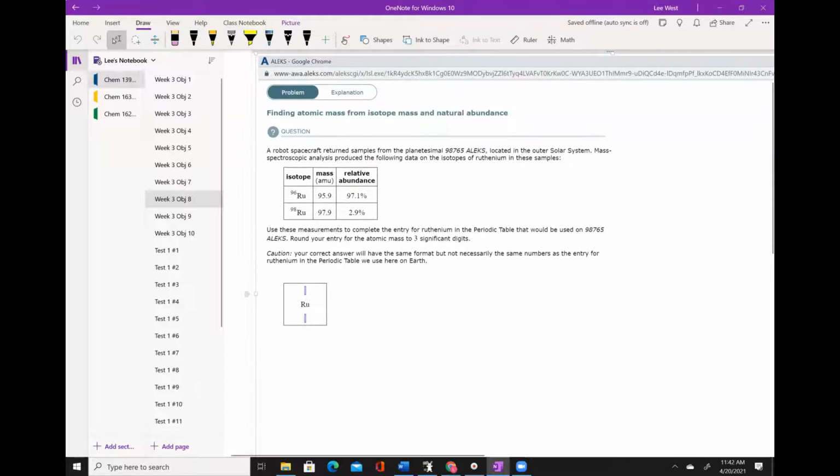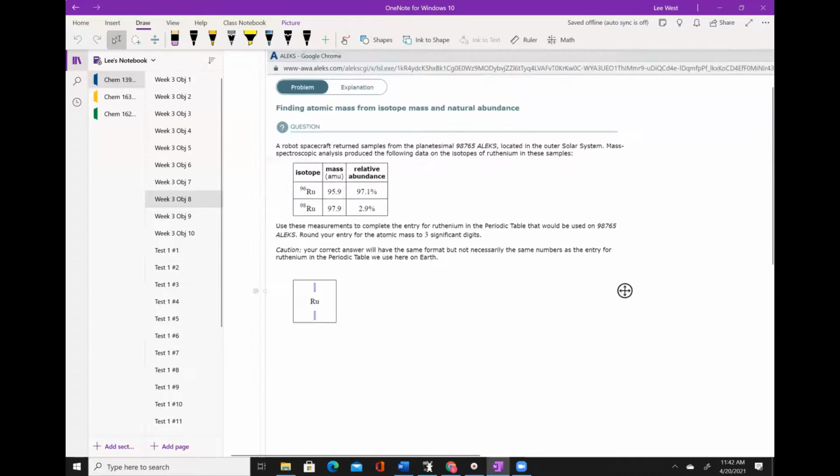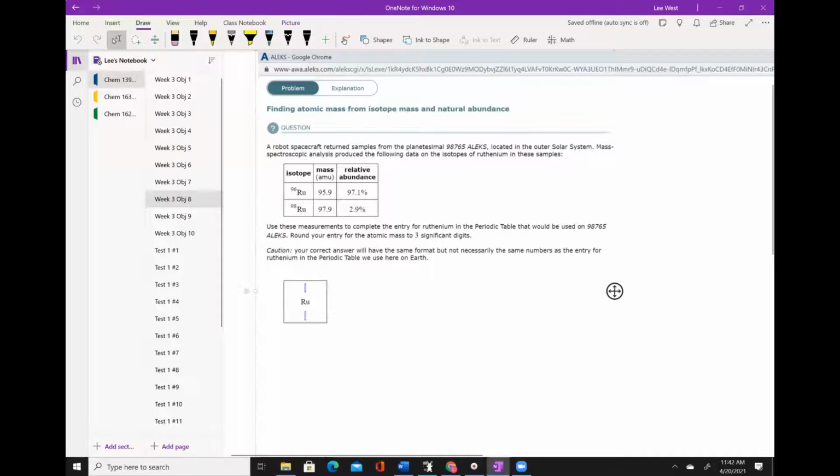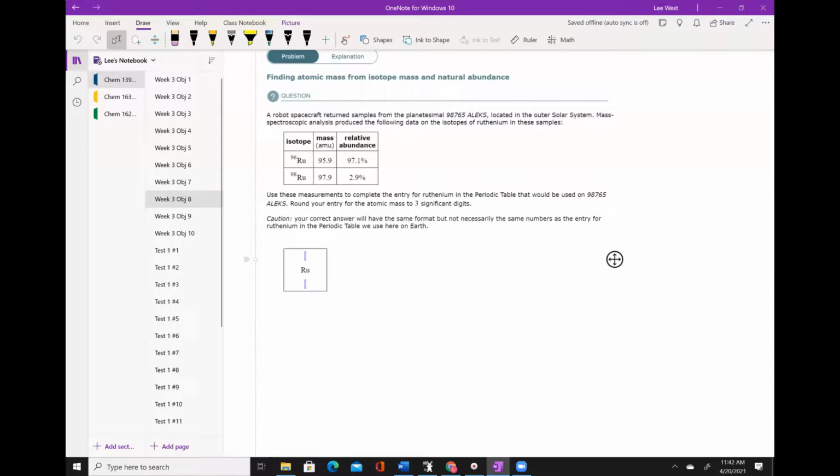Okay. Finding atomic mass from isotope mass and natural abundance. Okay, so this is pretty easy.